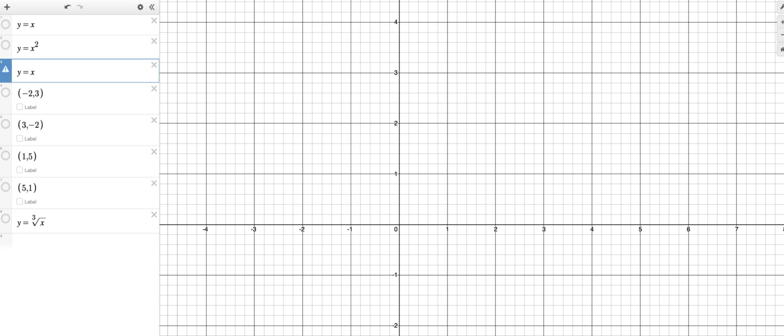The rule for these power functions is that if the exponent, the power, is odd, it's going to be one-to-one. But if the power is even, then it's not going to be one-to-one.